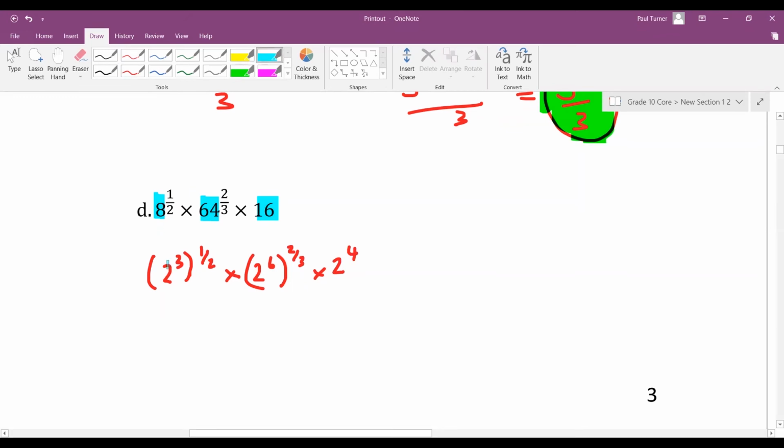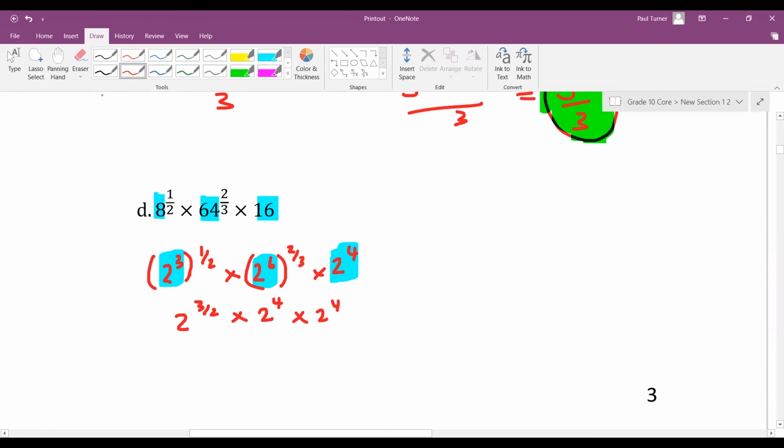I made my 8 2 cubed. I made my 64 2 to the 6. And 16 is 2 to the 4 here. So then I can multiply these out. So 2 to the 3 on 2 times 2 to the 6, 3 into 6, 2, 2 twos are 4, 2 power 4, and 2 power 4 for that one there.